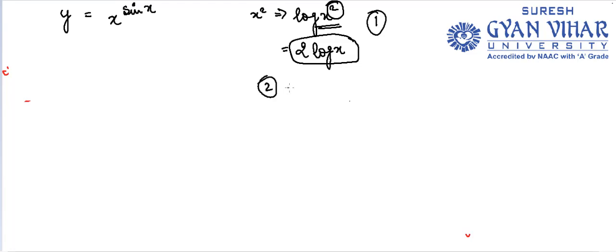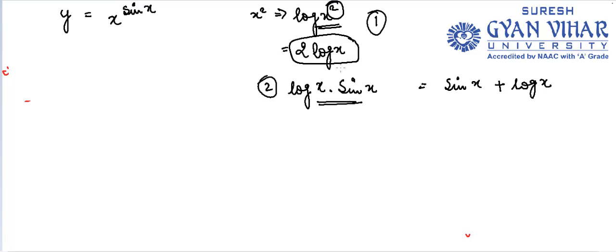Secondly, if we have any multiplication, like log of sin x times x, this can be changed into log sin x plus log x. So this multiplication will become addition.